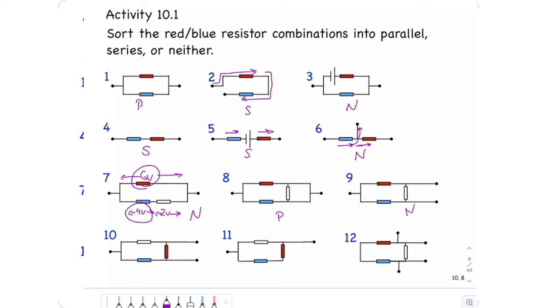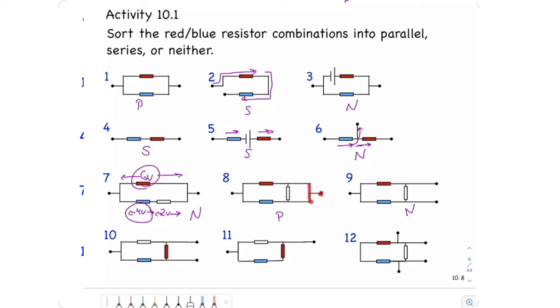So that's neither, because certainly they're not in series, because the current through one can be different than the current through the other. But also the voltage drop across one can be different from the voltage drop across the other because of the presence of that resistor. The voltage at this point and that point don't have to be the same.